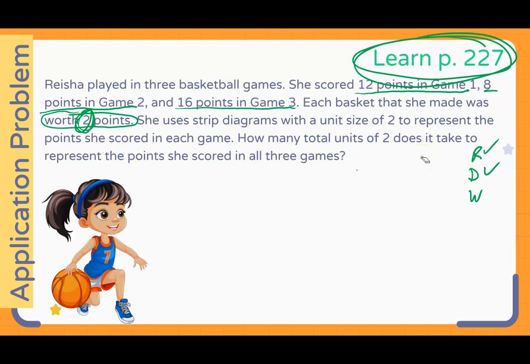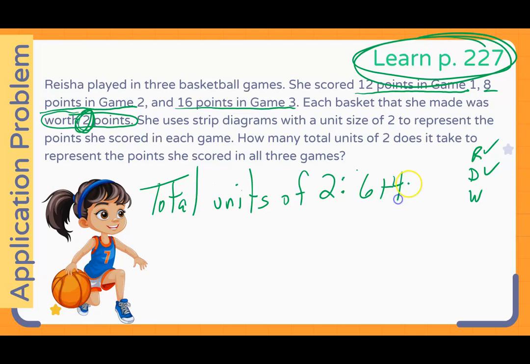Okay, here we go. So they wanted to know how many total units of 2 does it take to represent the points she scored in all 3 games. So the total units of 2 was 6 plus 4 plus 8.